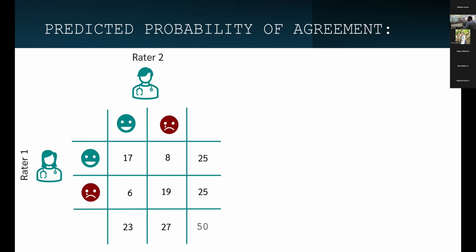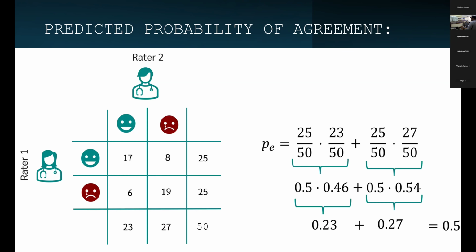And similarly for rater number 2, if you look at the vertical, that is the probability that they said it by chance. So that first 25 out of 50, which is called the marginal of rater number 1, is the probability that rater number 1 said these patients are not depressed by pure chance, without using anything.